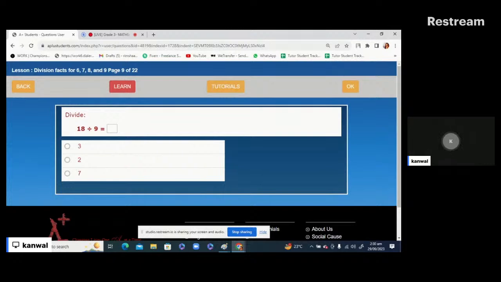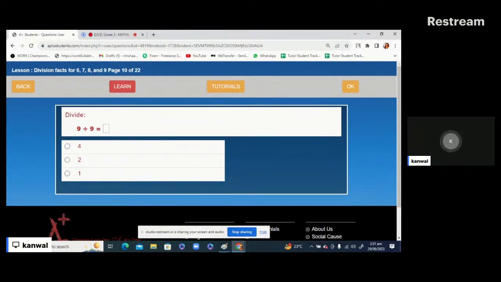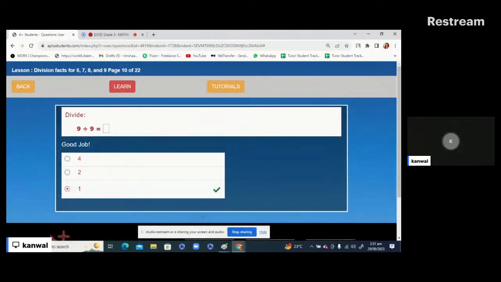All right. Okay, so it's 2. 9 divided by 9, again the same thing, so it means that it's 1 when you divide 9 over 9.